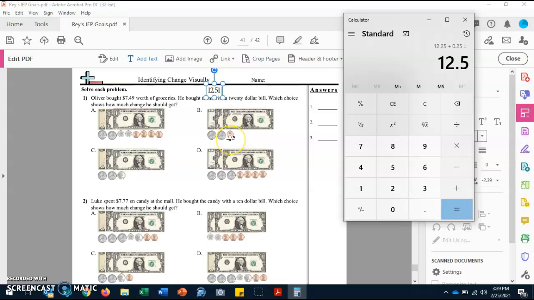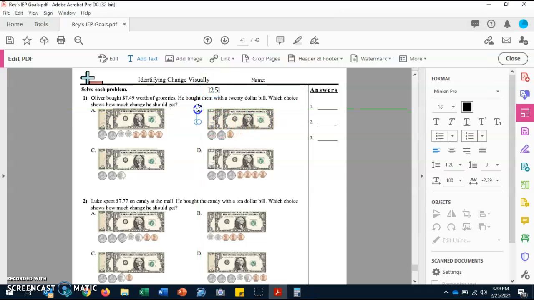How much is a penny worth? 1 cent. Yes, good job. So if we add that, our answer would be $12.51. So our answer is letter B.